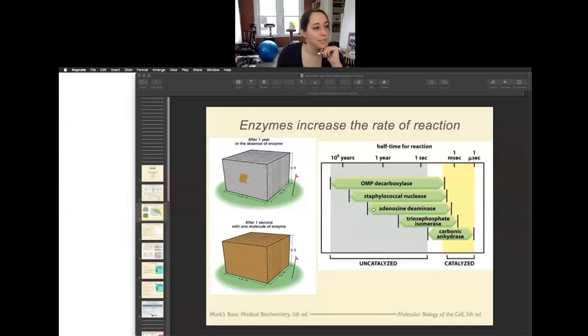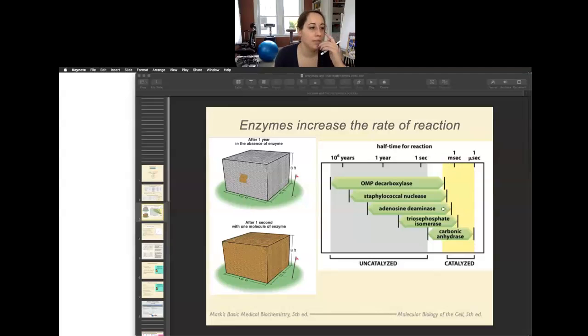So let's look at this one specifically, adenosine deaminase. This is an enzyme that modifies the adenosine nucleotide. And this enzyme can perform that reaction in a little bit over 1 millisecond.